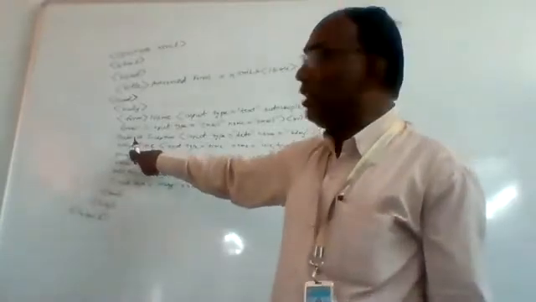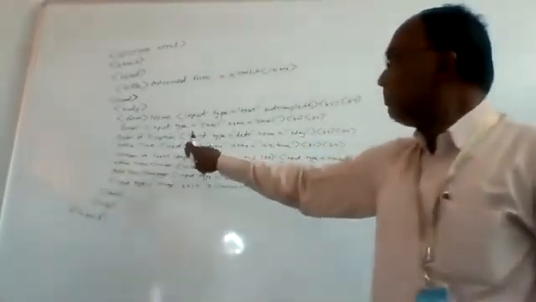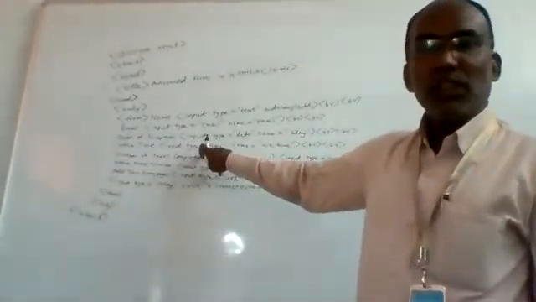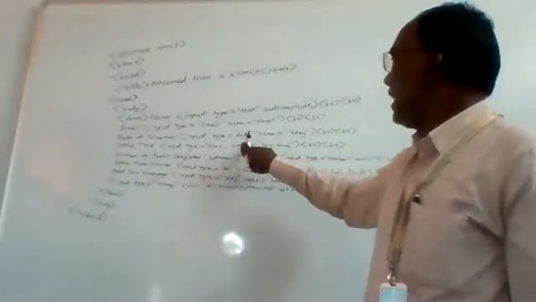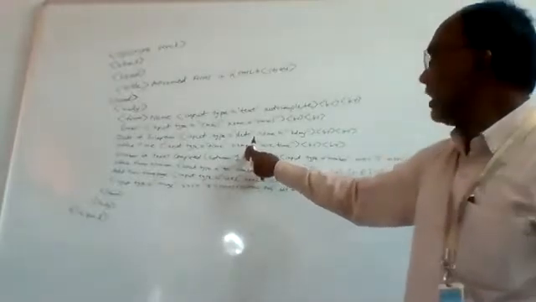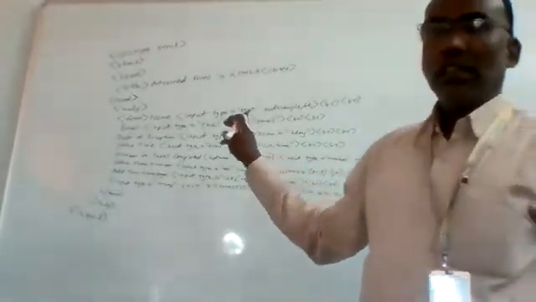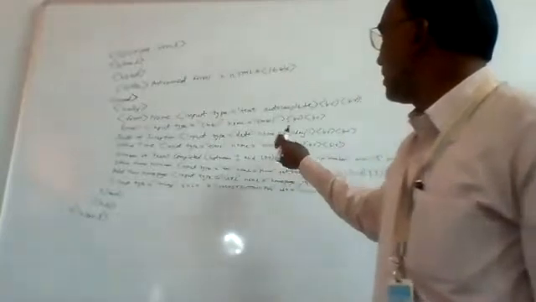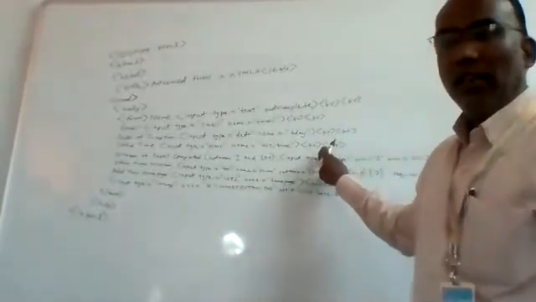Next, office time, input type is equal to time, name is equal to usr_time within double quotation marks. Then the br tag.